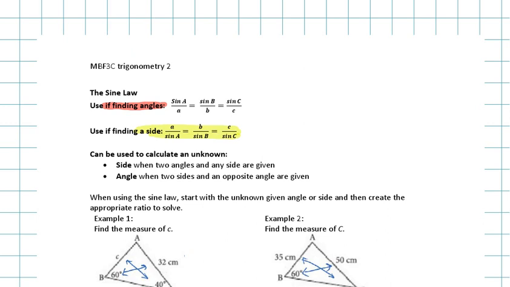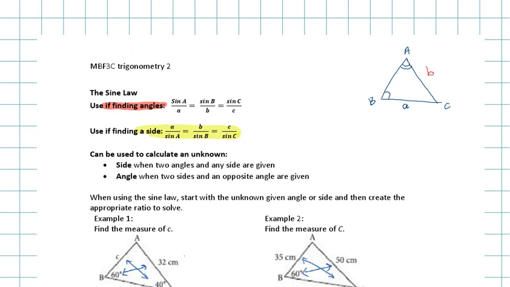Now, there are rules to use the sine law. Let's say I have the triangle. The triangle does not have to be a right angle triangle. If you're given two angles and any other side, say you're given this side, and you're looking for side B, then you can use the sine law.